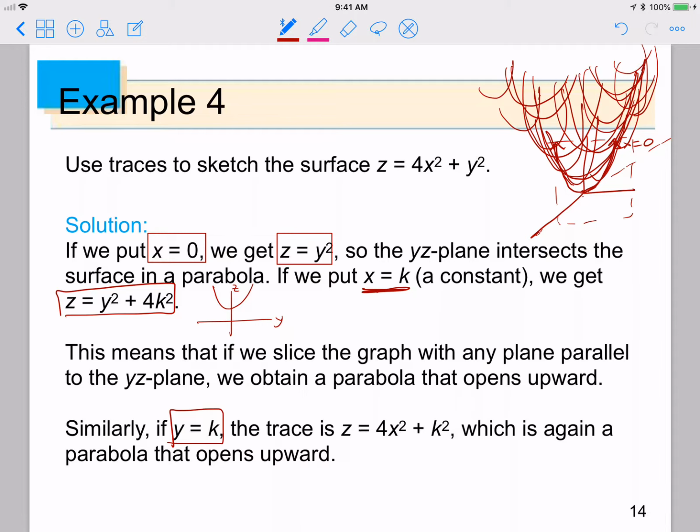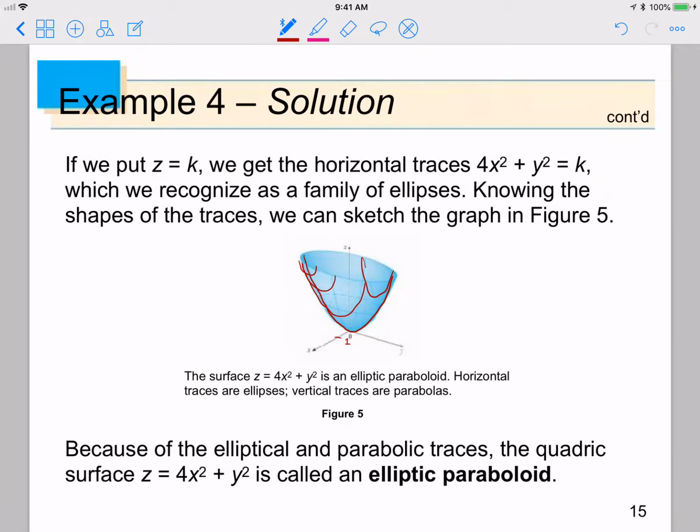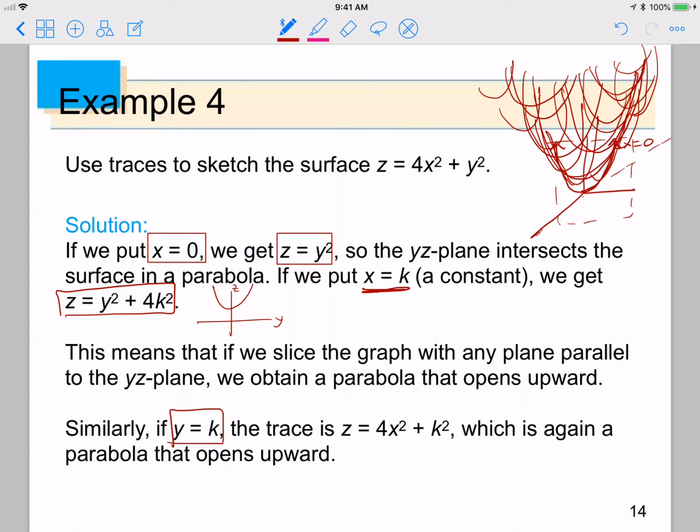And then if z is a constant, z equals k, then first of all, z can only be positive. And second, our traces are ellipses. So now imagine that you're coming through and you've got ellipses here.